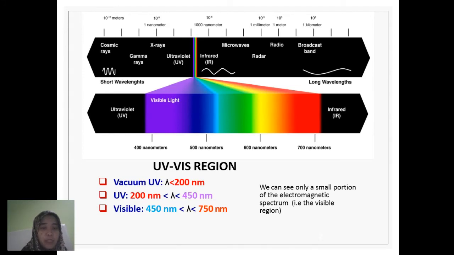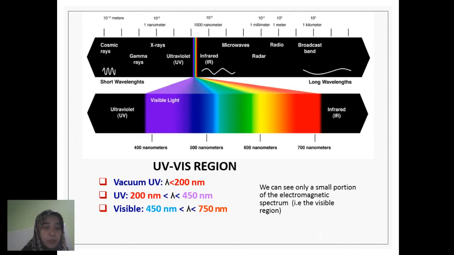For UV visible spectroscopy, the term itself consists of two terms, which are UV, ultraviolet, and vis, visible. So therefore, it consists of two regions.